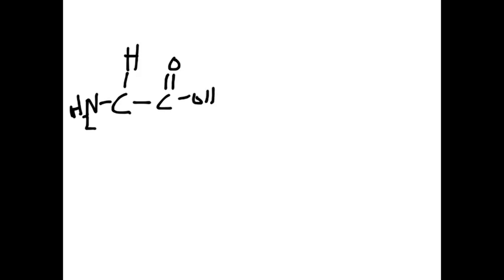Let's take a minute and talk about how amino acids are connected together in dehydration synthesis reactions. So first of all, let's draw in a general amino acid. So here's one amino acid. Let's draw another one over here beside it.